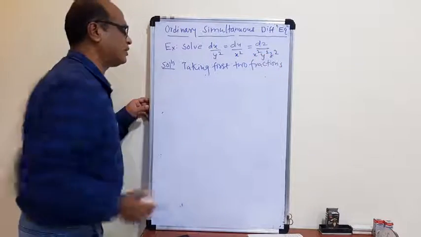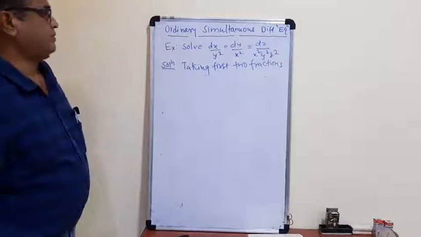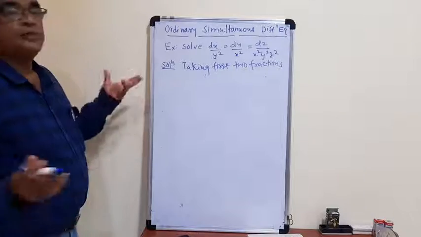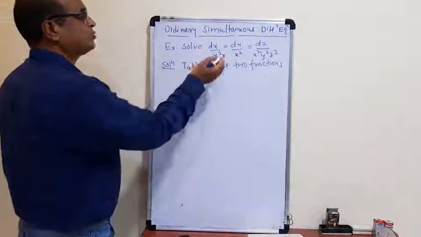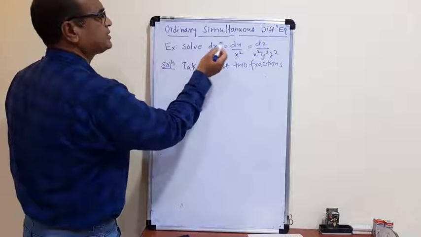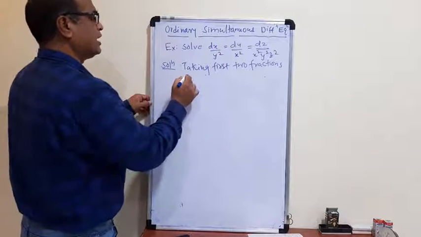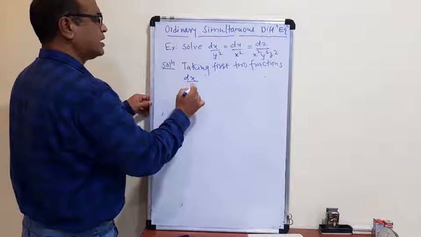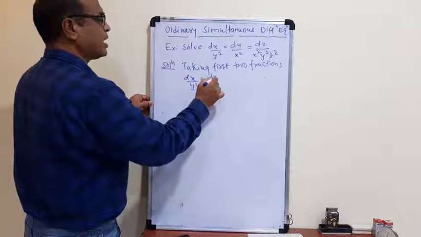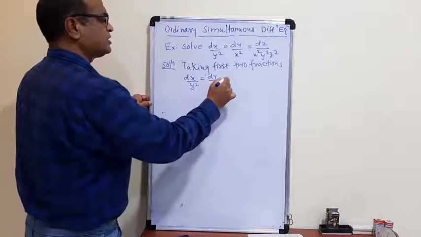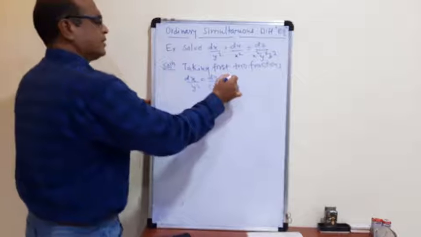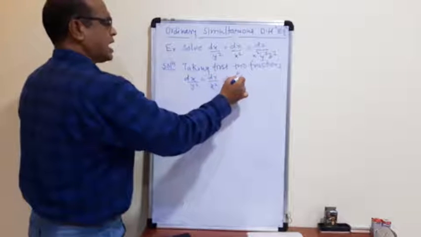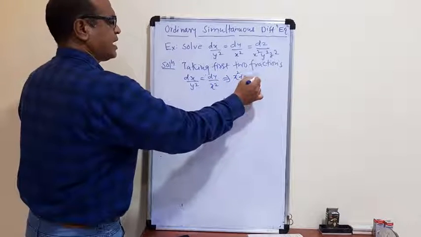Solve this differential equation. Okay. So again, we take two fractions. So taking first two fractions, first and second fractions, we get here dx upon y square equals dy upon x square. Okay. So this equation can be written, separating the variables, as x square dx is equal to y square dy.